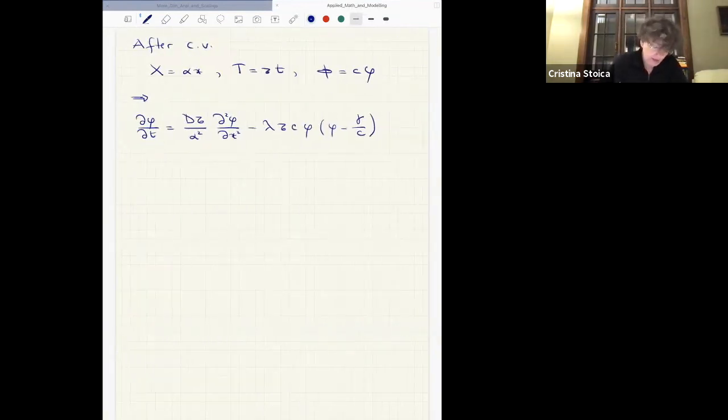And then together with an initial condition.